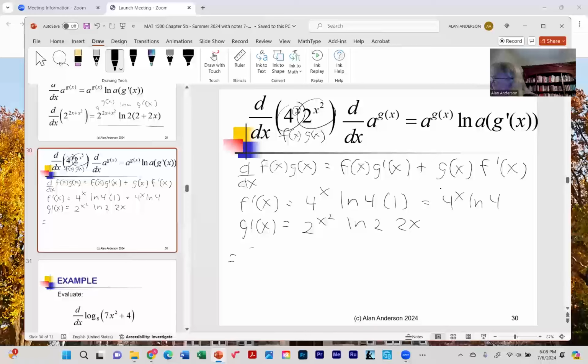So when you plug these in, you're going to have 4 to the x and then we're going to have 2 to the x squared, and then we have f prime of x, which is 4 to the x.